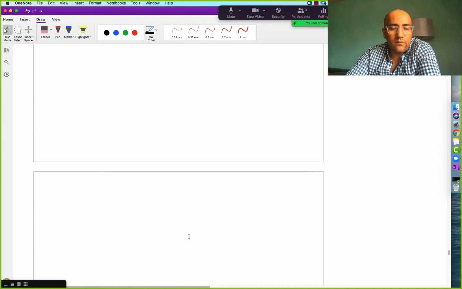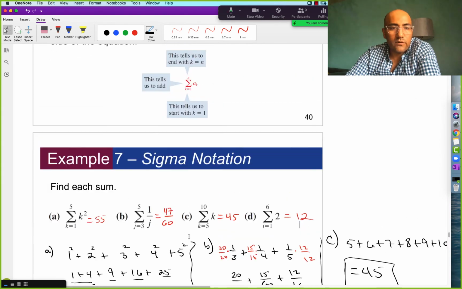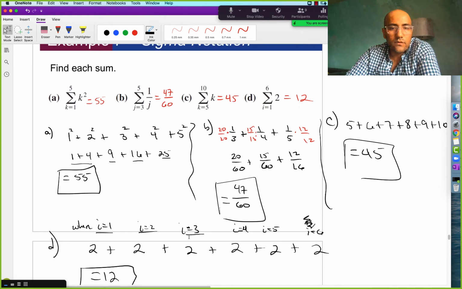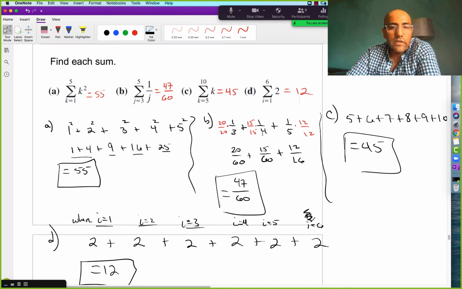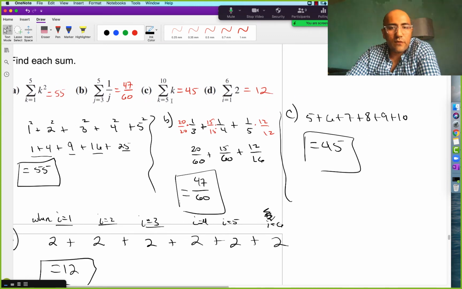Can I go over C again, please? Sure. C is this one. So it's the sum starting at 5 through 10 of this, which is just k. So the first one comes by replacing the k with a 5, plus then a 6, plus then a 7, plus then an 8, plus then a 9.